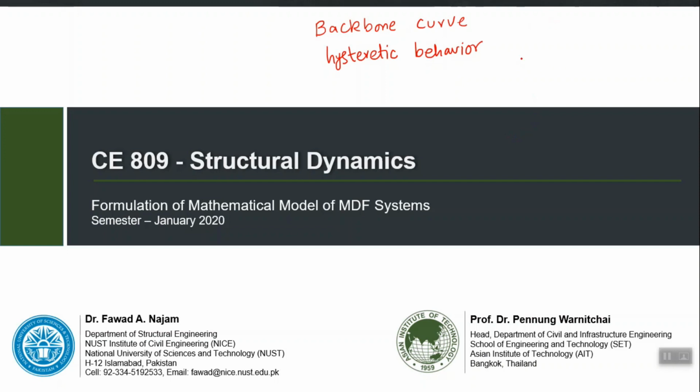Its nonlinear behavior is completely represented by both of these things. For example, if I talk about a beam, the primary action versus deformation curve for flexure is the moment versus curvature curve. For a particular material, it is the stress versus strain curve, right.